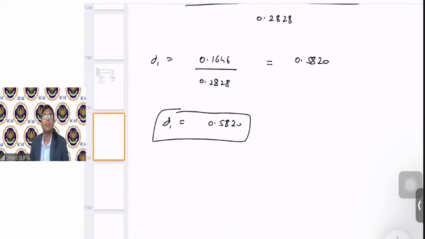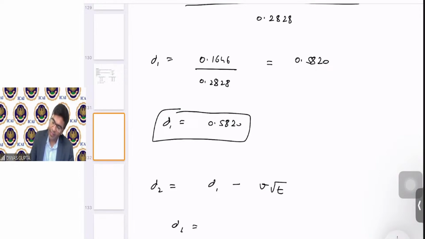Clear? Then D2. D1 minus volatility under root T. So D2 is equal to D1, which is 0.5820, minus. So students, this is the denominator of D1.